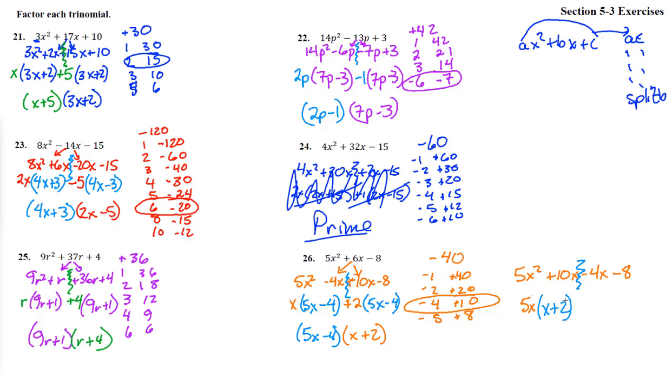And now we pull out over here a minus 4, and we're left with x plus 2. And then when we pull out that x plus 2, we're left with that 5x here and that minus 4.